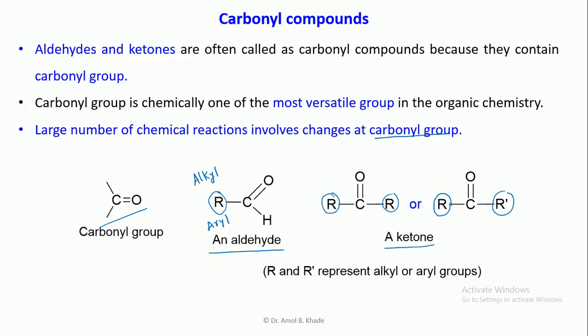That is what we have represented here, RC=OR and RC=OR dash. Both of these contain the carbonyl group, and that's why we refer to these as carbonyl compounds. Now we will see the rules applicable for naming these aldehydes and ketones.